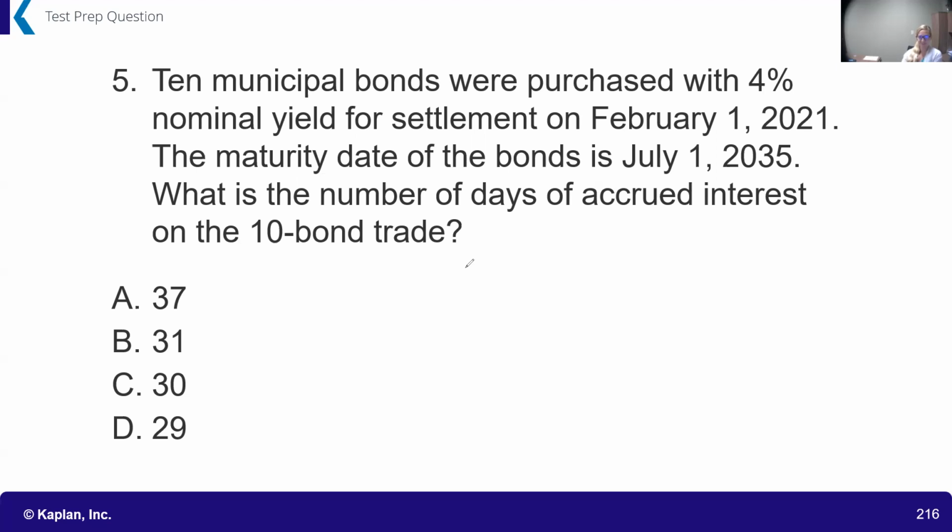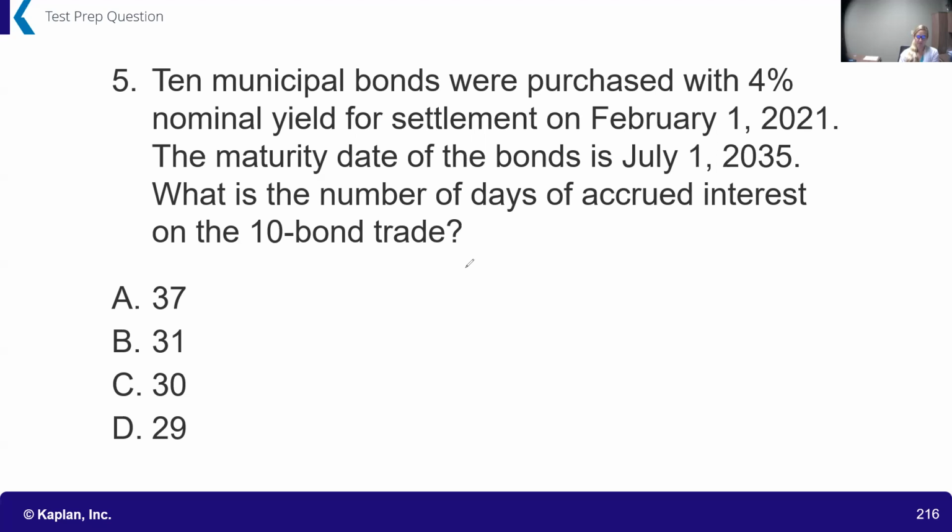So here we go. 10 municipal bonds were purchased with a 4% nominal yield for settlement. As a test taker, you've got to be real careful whether they're giving you the trade date or the settlement date, because remember, we calculate up to, but not including, the settlement date, right?